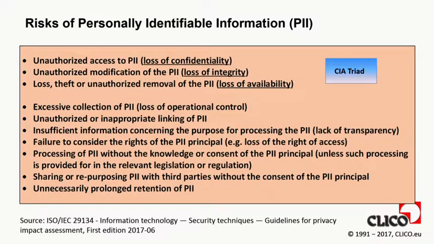For example, excessive collection of personal data, unauthorized or inappropriate linking of personal data, insufficient information concerning the purpose for processing of personal data, failure to consider the rights of the principal, the people related to this personal data, processing of personal data without the knowledge or consent of the principal, and so on. So we have many risks that, according to GDPR, should be taken into consideration that are not related to the CIA triad.